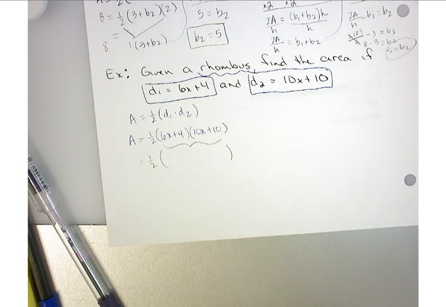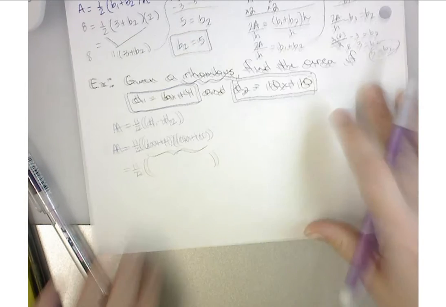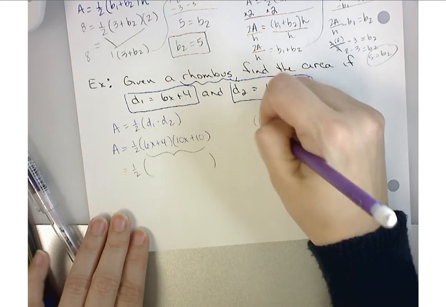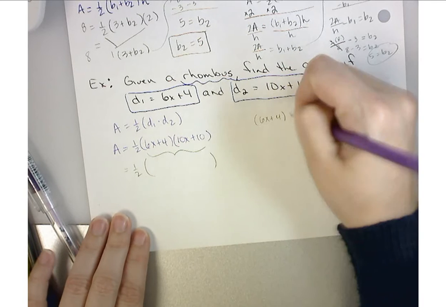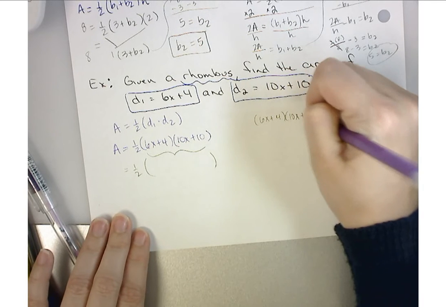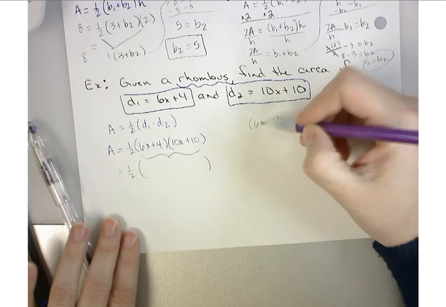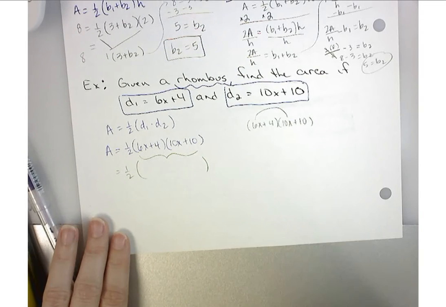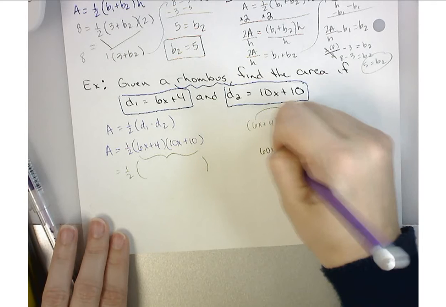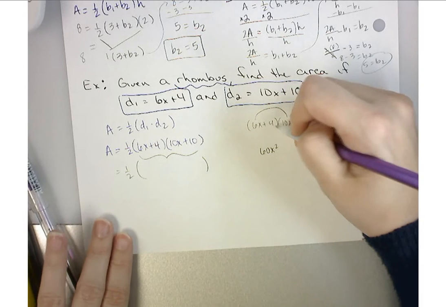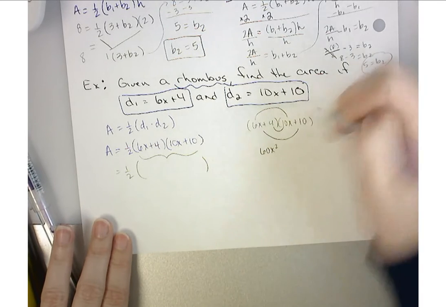Alright, so remember when you FOIL, you can do the happy face, or I know some of you guys like to do the box if you want to set up your box. Okay, so then 6x times 10x is 60x squared. And then remember we have the nose and the mouth for a happy face.